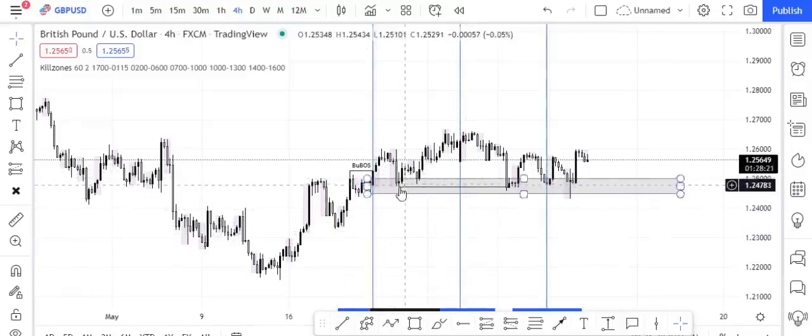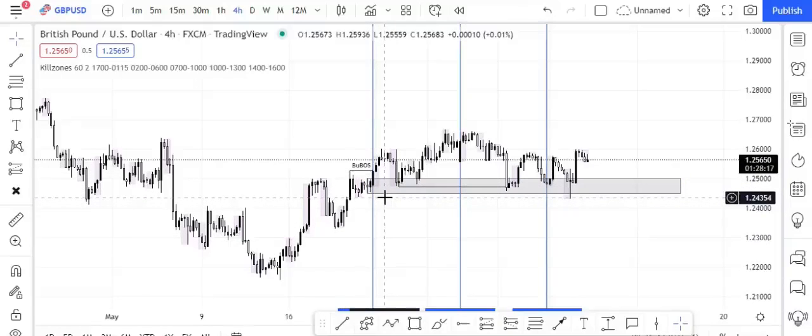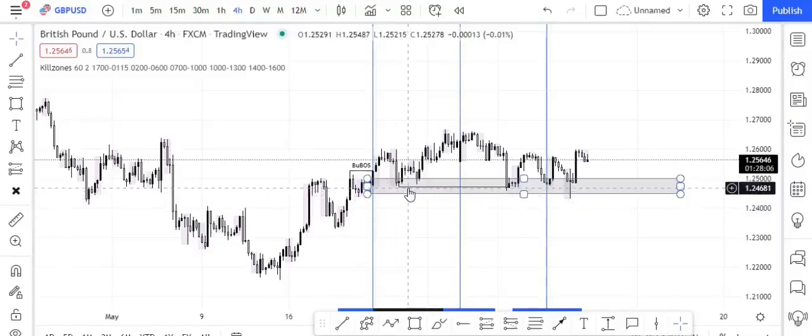It returned to that point of interest, meaning that this point of interest is infected. It is no more a fresh point of interest. Nevertheless, you must put into consideration that this is the low of 2 weeks ago. This low, very important.